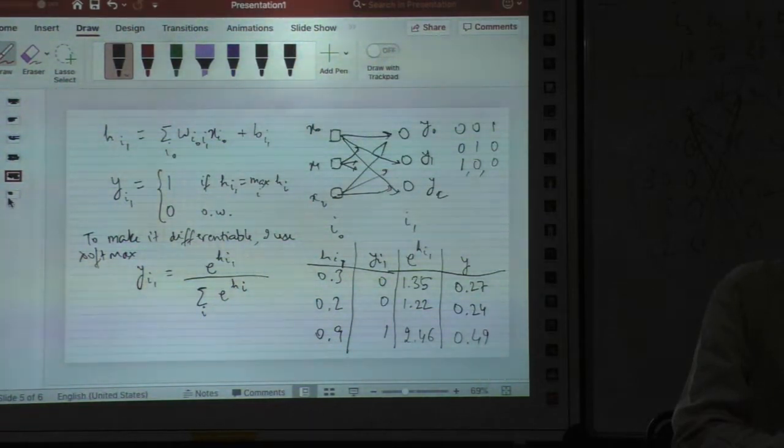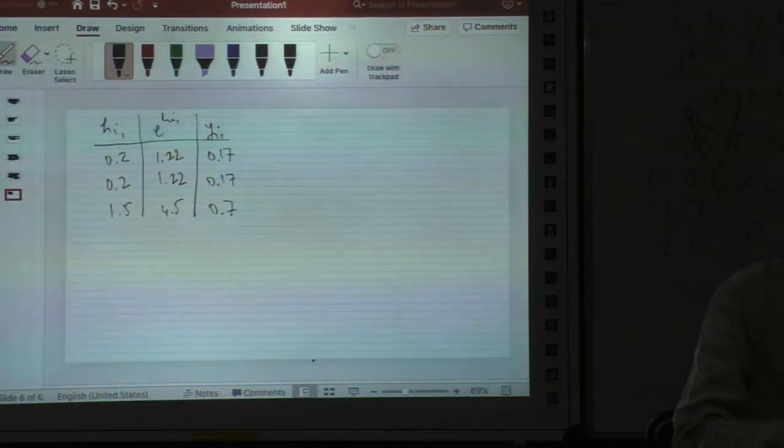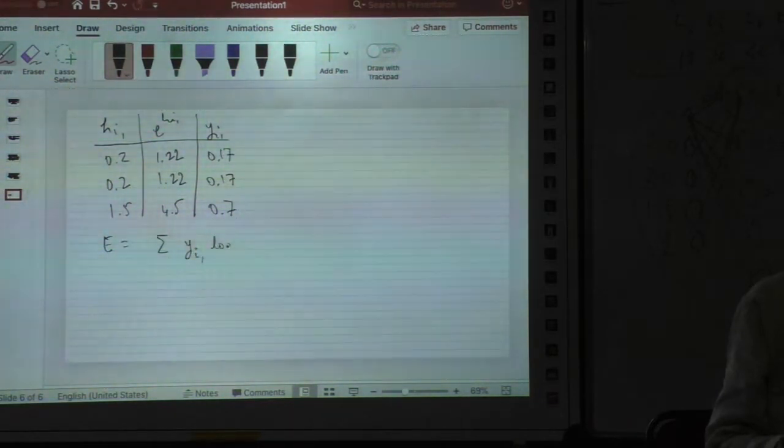Now I have to define the error function. What will be the error function? I choose it like this. Error function is summation over all samples also.